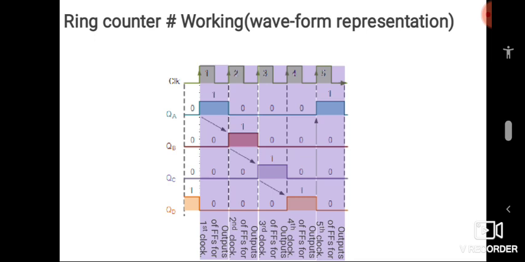So at first your first bulb will glow, and when you give the second clock pulse, your second bulb will glow, and at the arrival of the third clock pulse, your third bulb will glow. At the arrival of the fourth clock pulse, the fourth bulb will glow. So that is how you can have a pattern. Okay, there are various other applications of this ring counter.